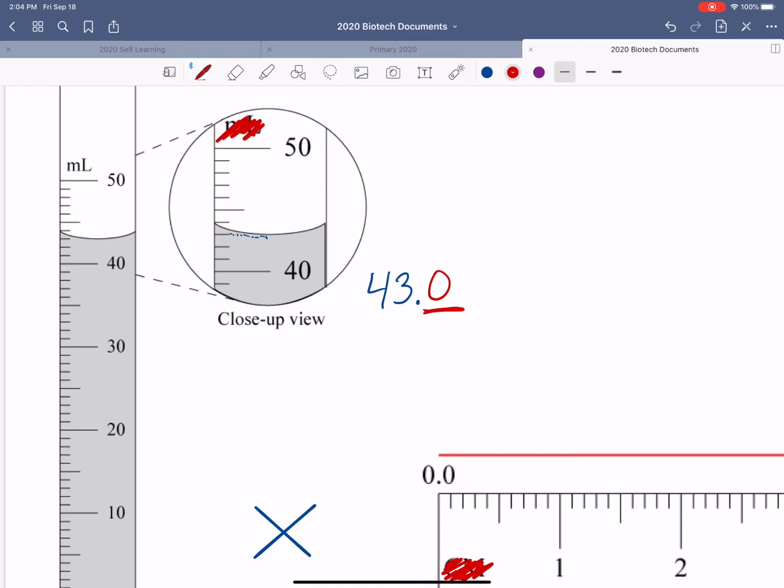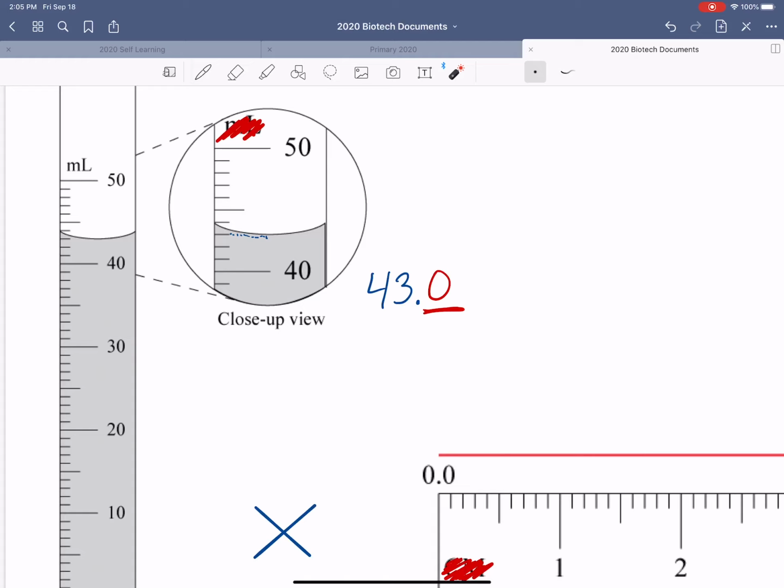I, as the person making this measurement, believe that it's 43.0. Someone else might say, well, I think that meniscus falls just a little bit above the line, so I'm going to say that's 43.1. Maybe there's somebody that thinks it falls just below the line. Maybe it's 42.9. Whatever it is, this digit here is uncertain. This is where we end up having to make a guess as the scientist doing the measuring.